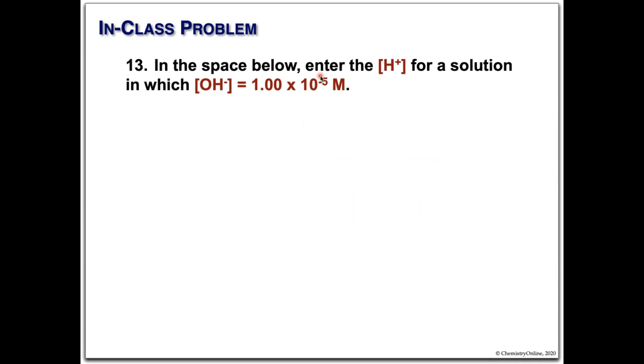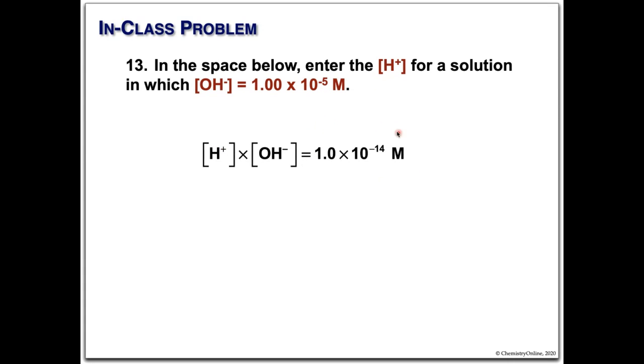All right, we have a solution, and we want to know the hydronium ion concentration, but we know hydroxide is 1 times 10 to the minus 5. How do we do this? Well, we remember that under all conditions, hydronium multiplied by hydroxide equals this constant of 10 to the minus 14.